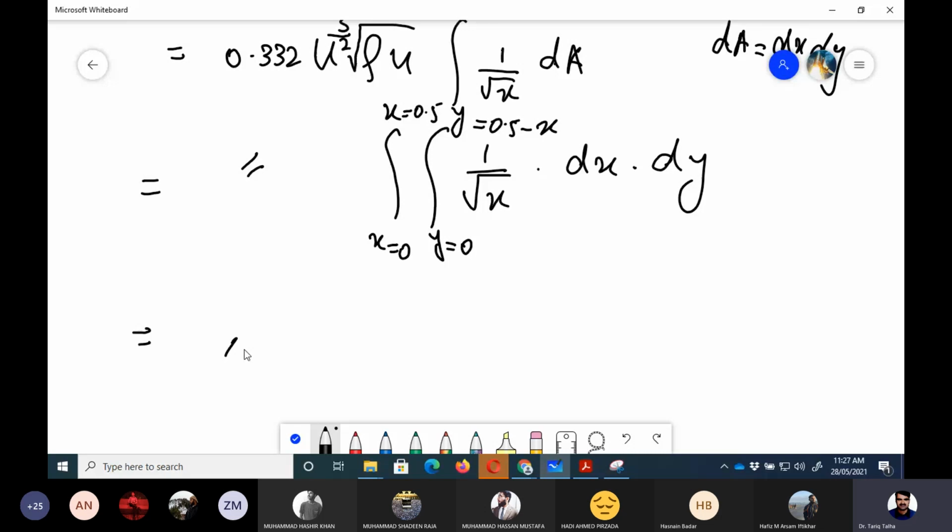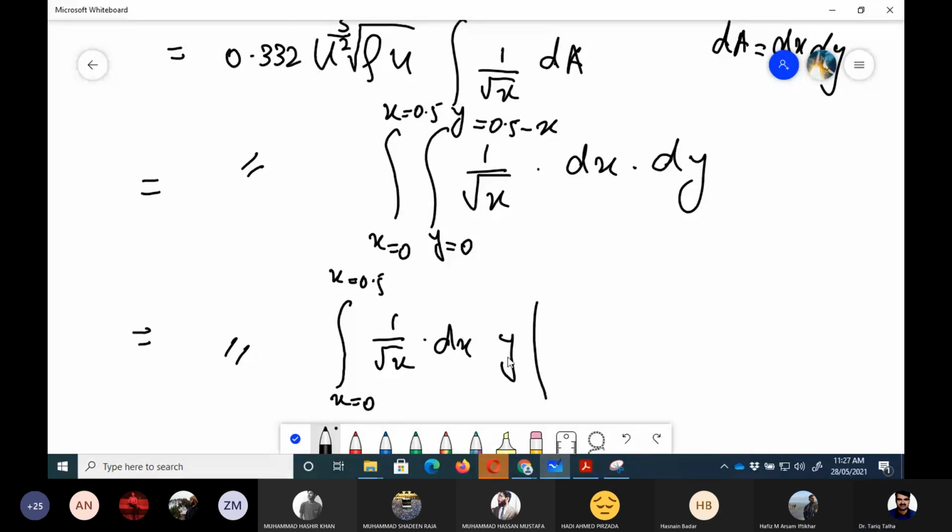take them out. So that is the same thing I am writing here. Here x goes from 0 to 0.5, and then we have 1 upon x dx, and here we have y from 0 to 0.5 minus x, right?